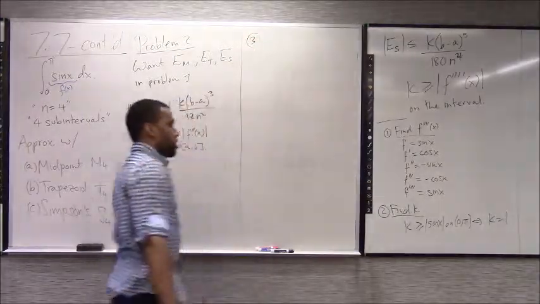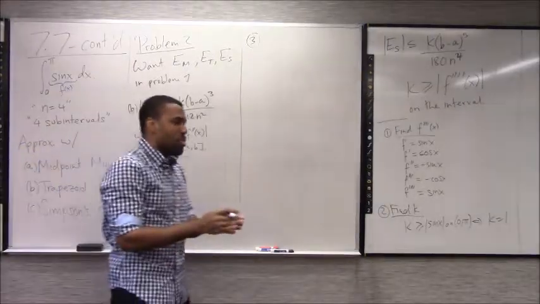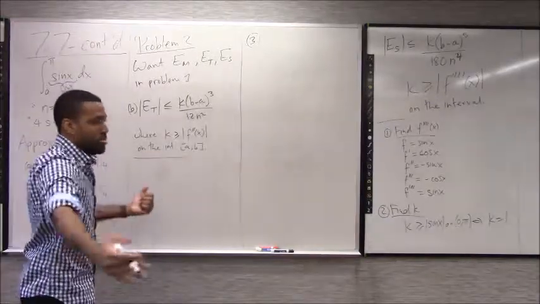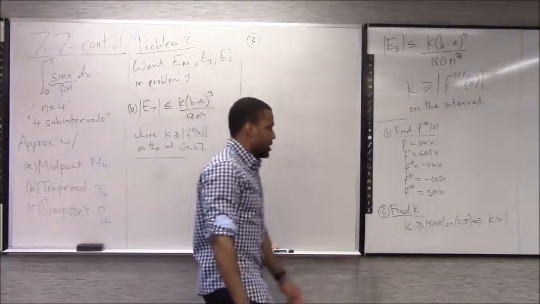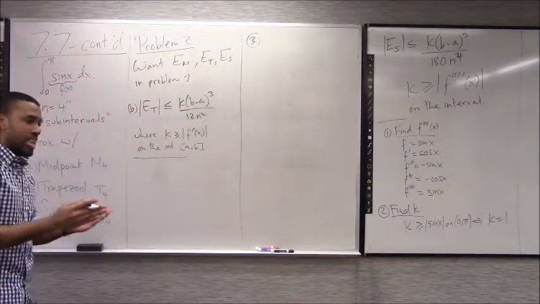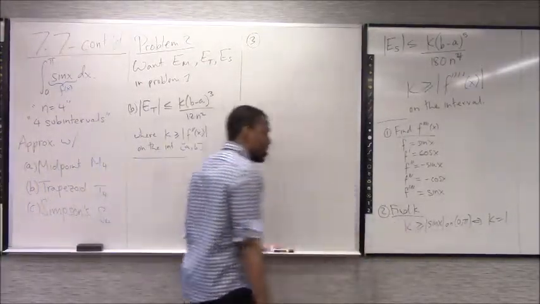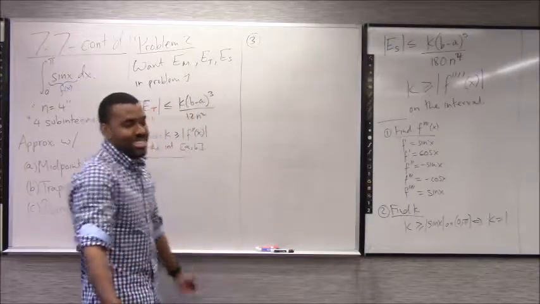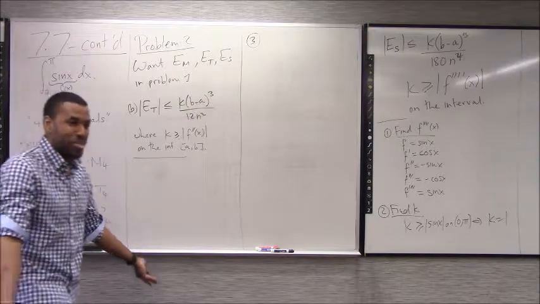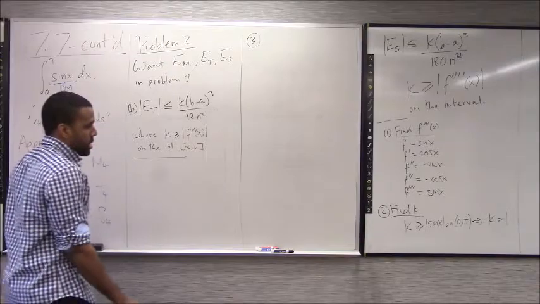Because if this is something that you're choosing, for example, to determine how much of a resource you're going to buy, and you say, well, we might be off by this much, you don't want to force your person to buy more from the supplier than they'll actually ever need. So it's nice to minimize the error as well. So you pick the best number you can pick here. Don't just pick, oh yeah, k is 1,000,000. And sure, I'm not going to be off by 1,000,000 by taking 4 rectangles, that's clear. But you want it to be as nice as possible.